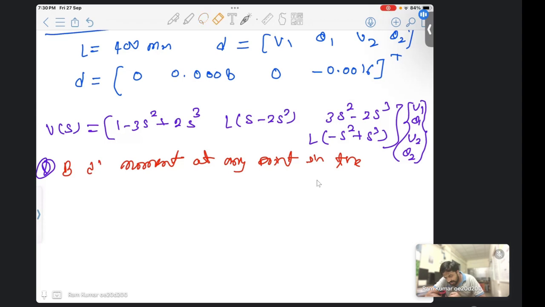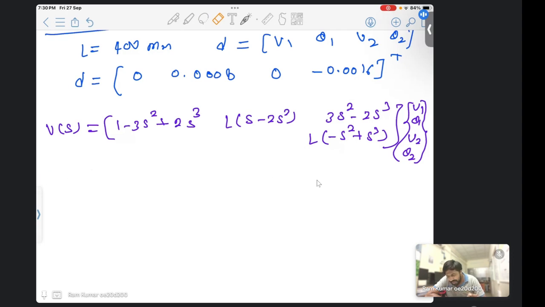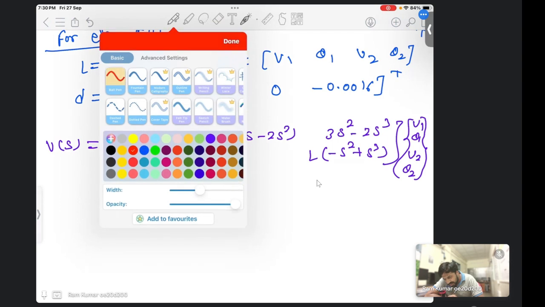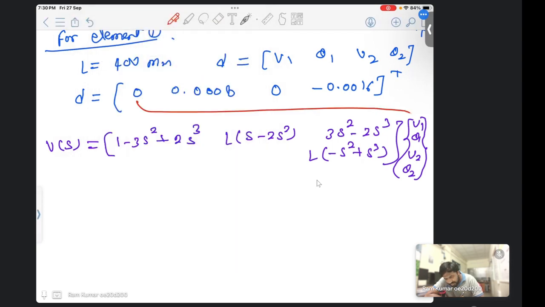So what will be our displacement for the first element? Here we have everything. This is our B1, this is our theta 1, this is our theta 2, and this is B2 and theta 2.